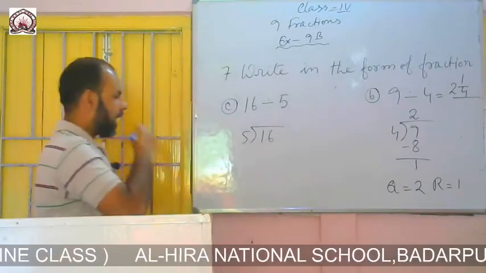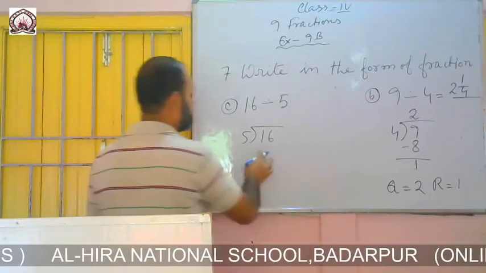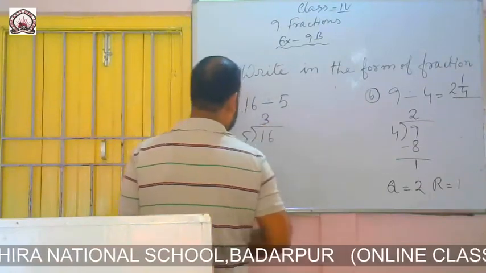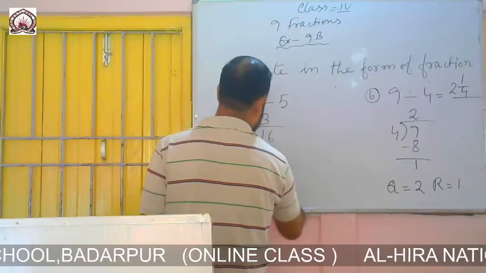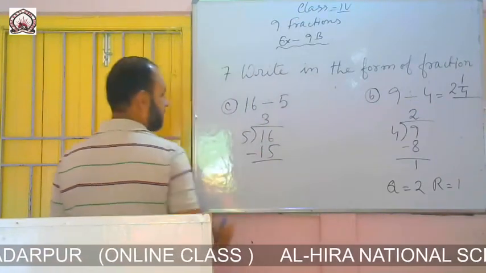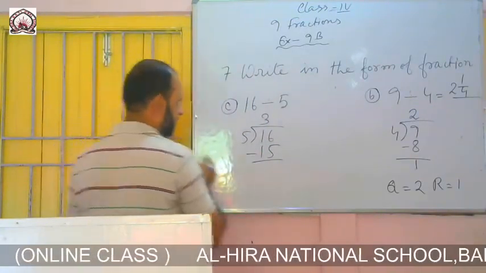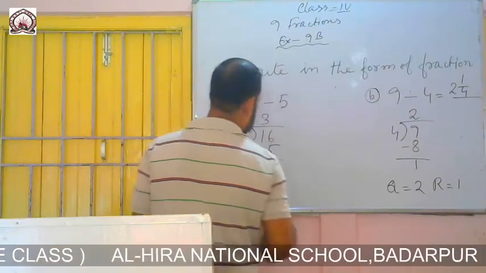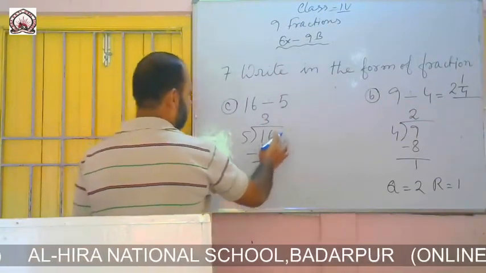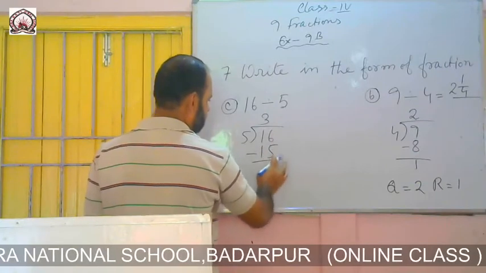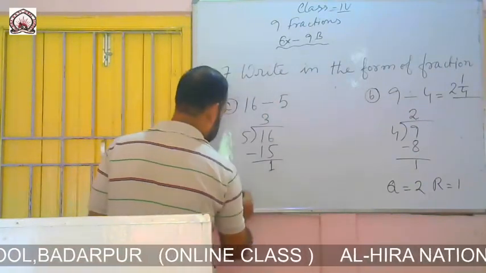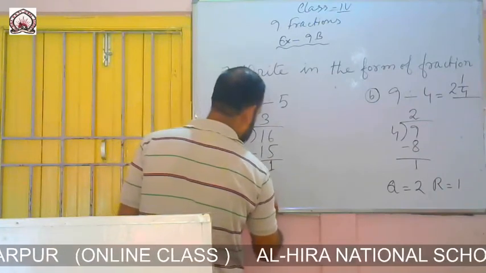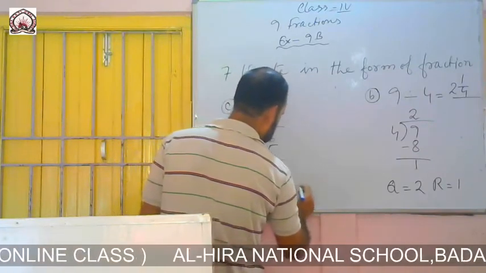So 5, how many times go? 5 3 jar 15. So 16 minus 15 is equal to 1. 1 minus 1 is equal to 0. So here quotient is equal to 3 and remainder equal to 1.